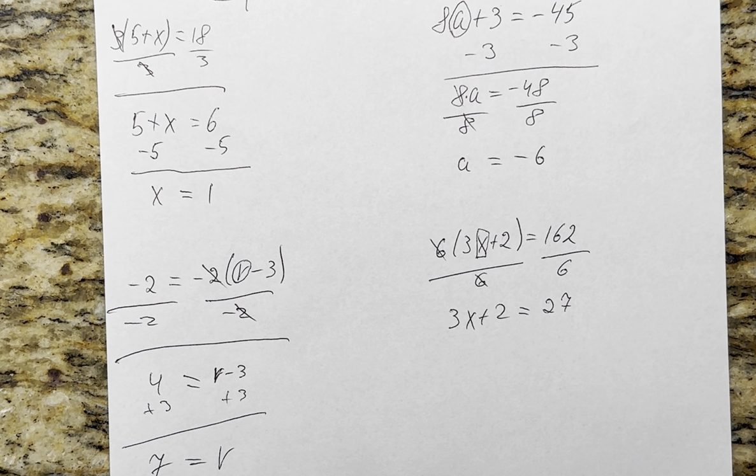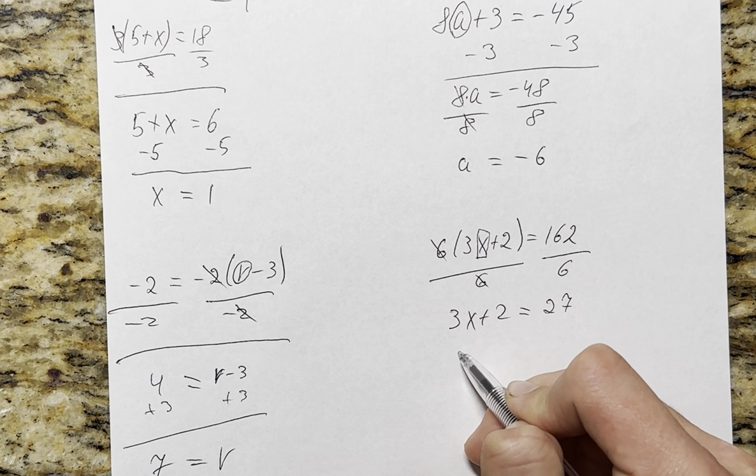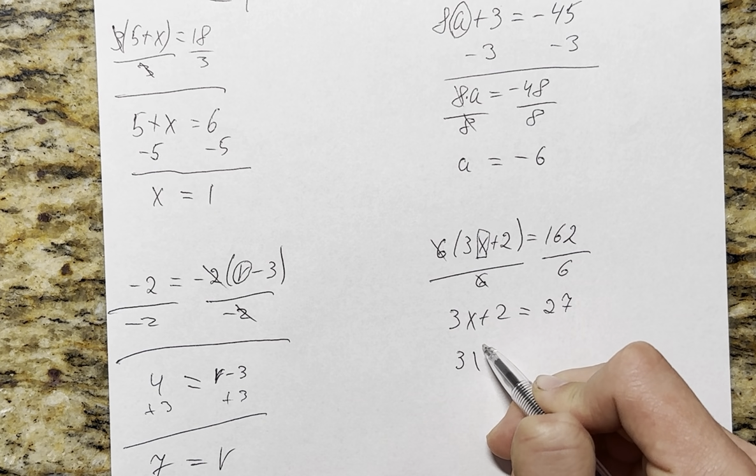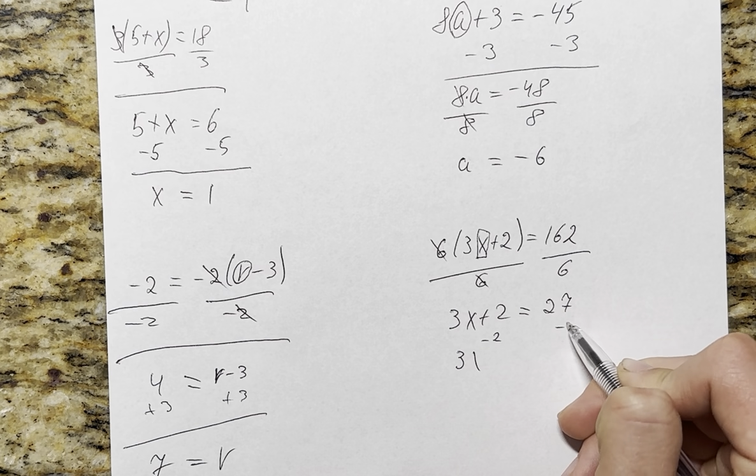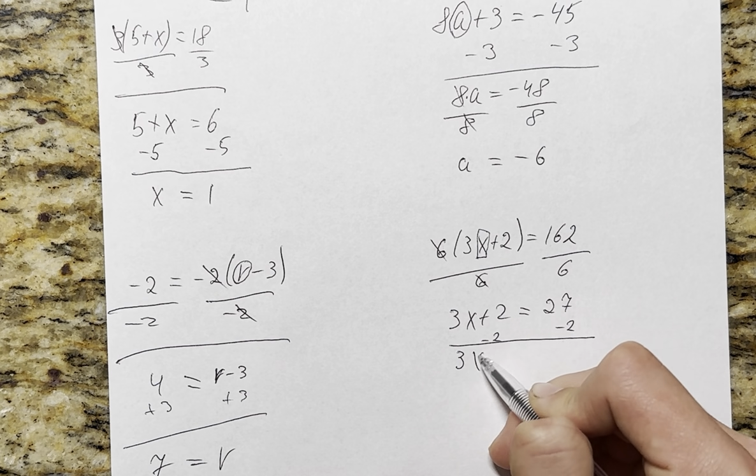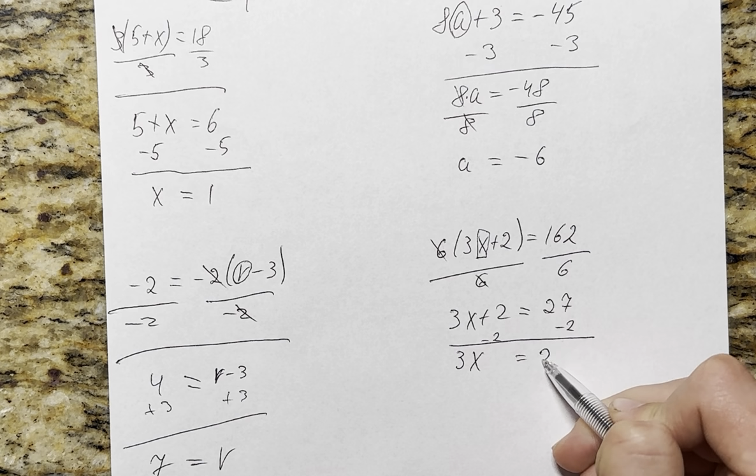Alright. And what you'll have to do next is subtract 2 from each side, right? So I'll get 3x, and I'll get 25 on this side.